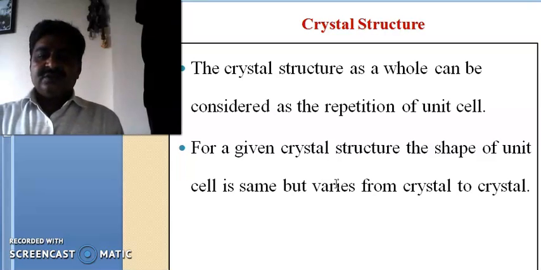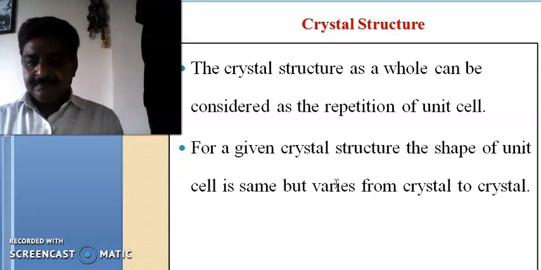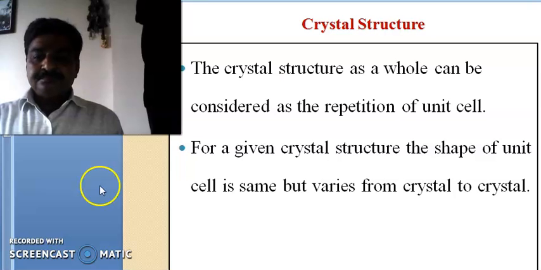But in every crystal, the shape of the unit cell is the same.